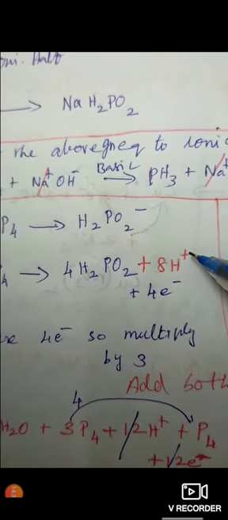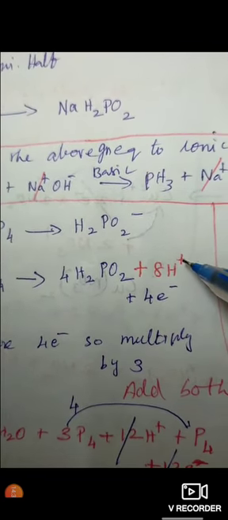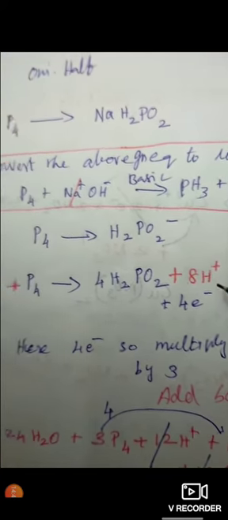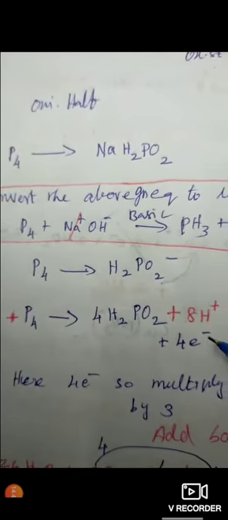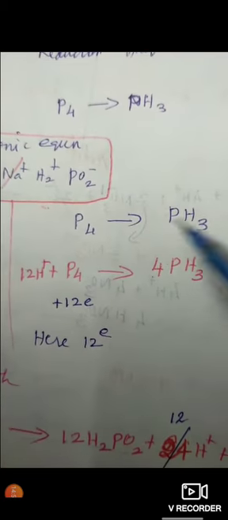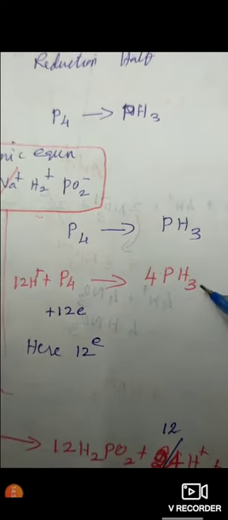Plus 8 charge is there, so we add 4 electrons. P4 to PH3: here 4 P, so we have written 4P.